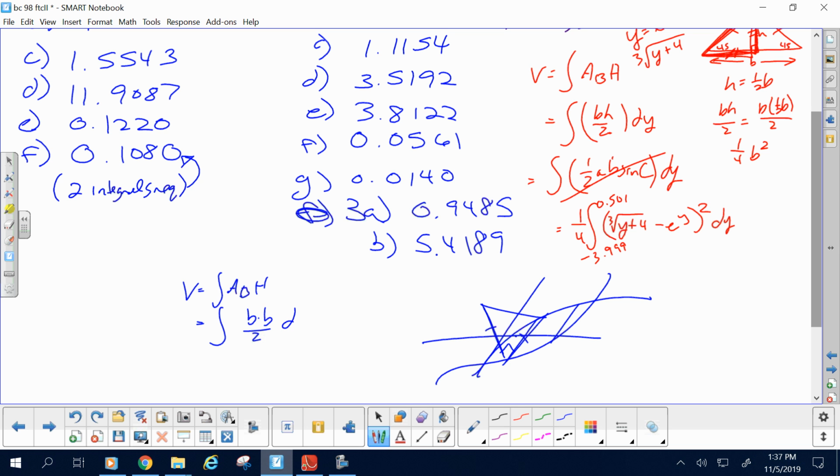And is this dx or dy now? That's dx. So the integral will be 1/2 of the square of, and we just have to do upper minus lower now. Seems like log minus cube, yeah? All right. And different limits of integration too.